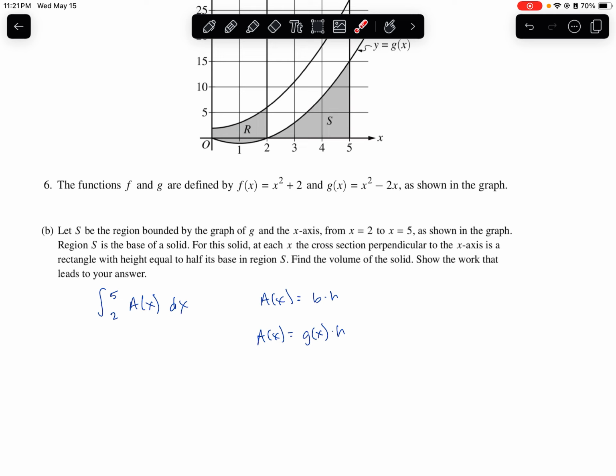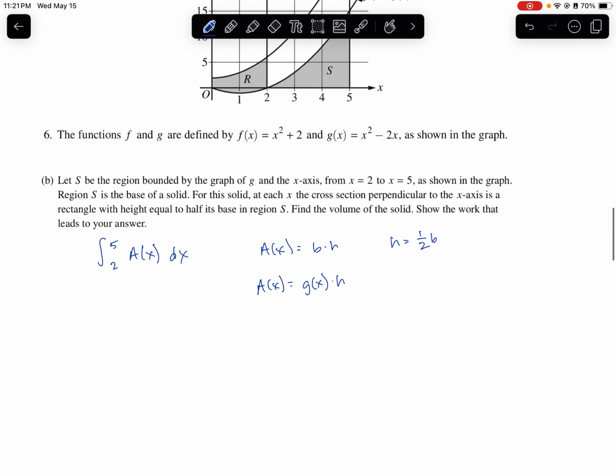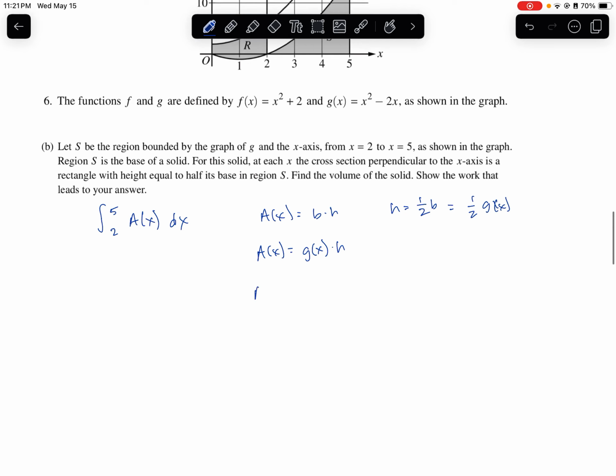Perpendicular to the x-axis is a rectangle with a height that is equal to half of its base. So h is equal to half of the base. Remember that we already defined that the base is g of x. So it's equal to 1/2 of g of x. So if we plug that in here, we get A of x is equal to g of x times 1/2 of g of x.